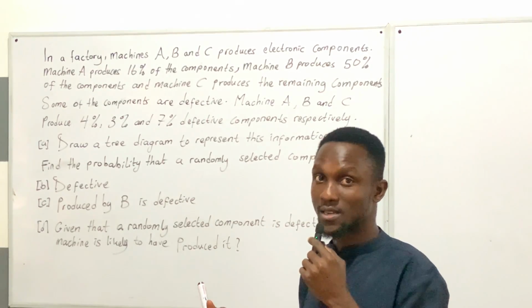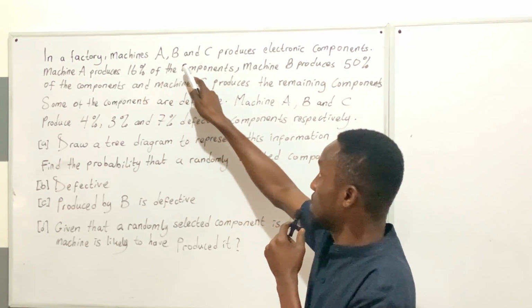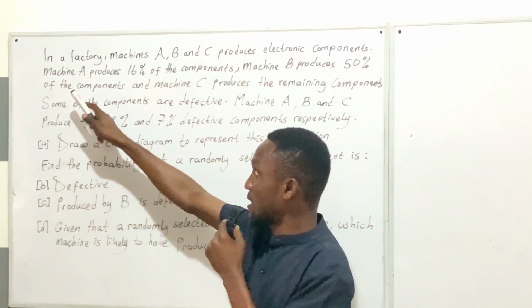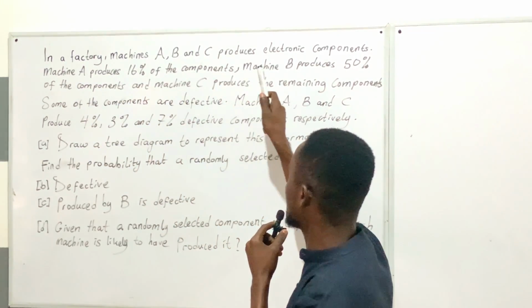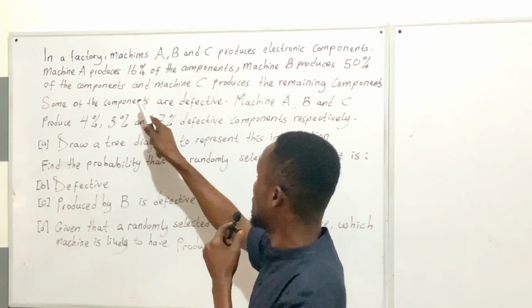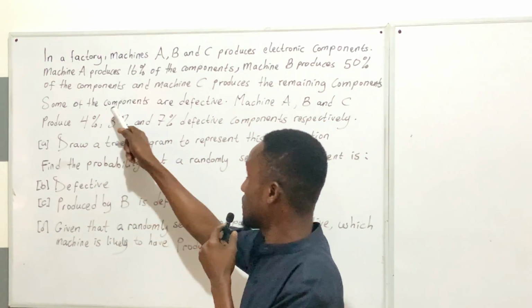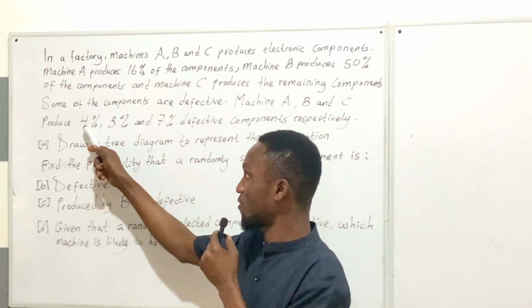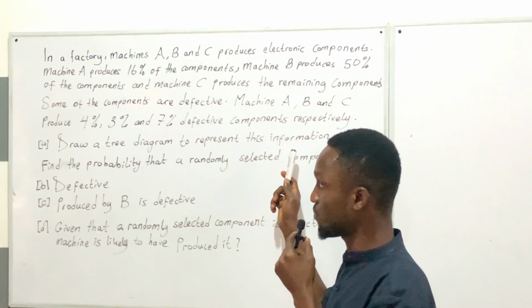In today's exercise, we have a question that says, in a factory, machines A, B, and C produce electronic components. Machine A produces 16% of the components, machine B 50%, and machine C produces the remaining components. Some of the components are defective. Machines A, B, and C produce 4%, 3%, and 7% defectives respectively.